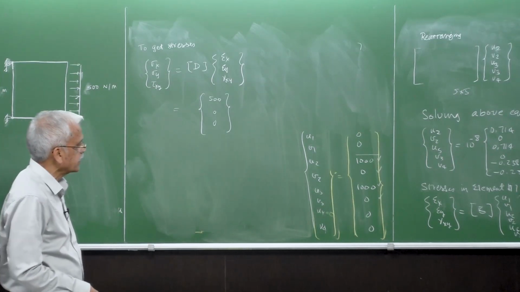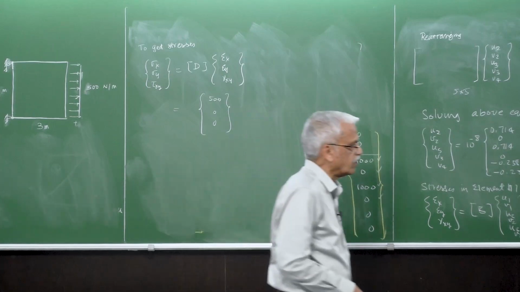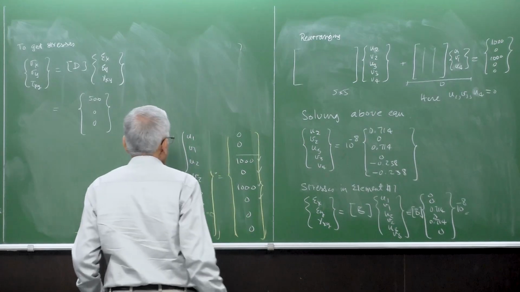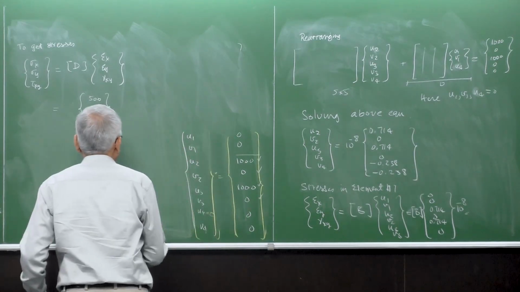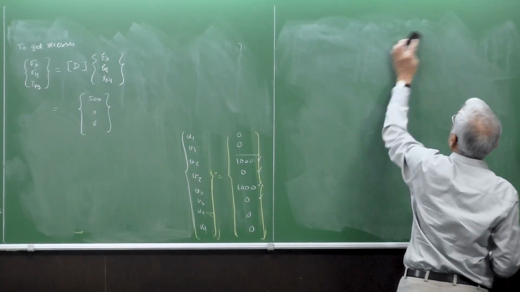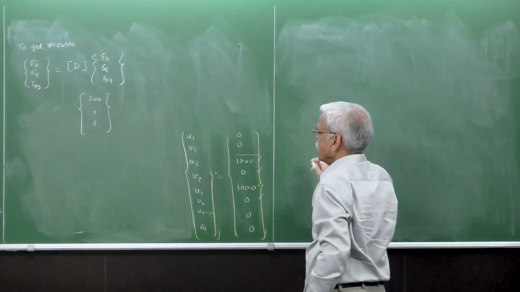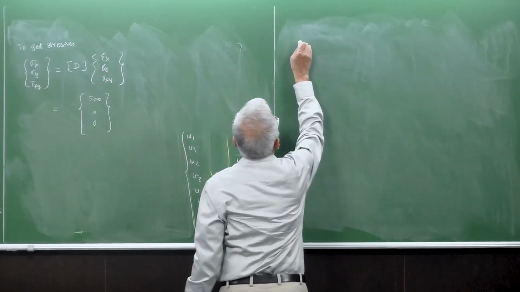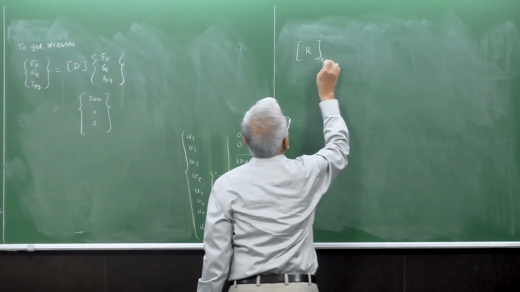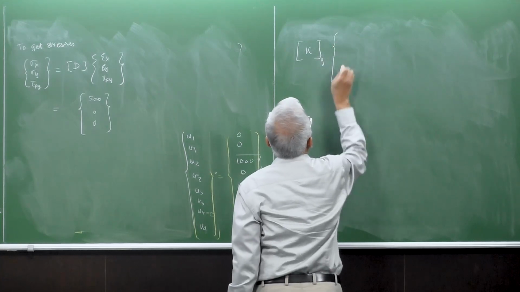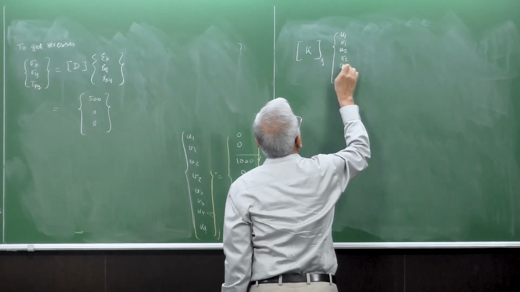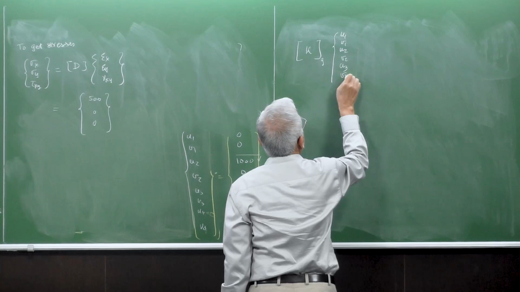On the other hand, just to go back and look at which equations we need to consider for the solution, this can also be looked at this way. You can also argue it in a slightly different manner. So what we have here is that your K global is multiplying U1, V1, U2, V2, U3, V3.